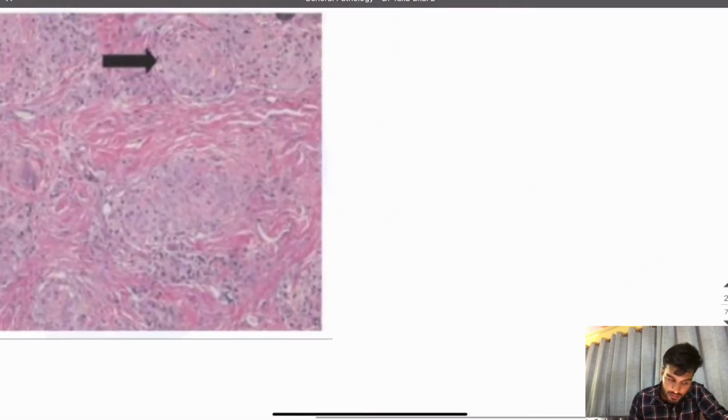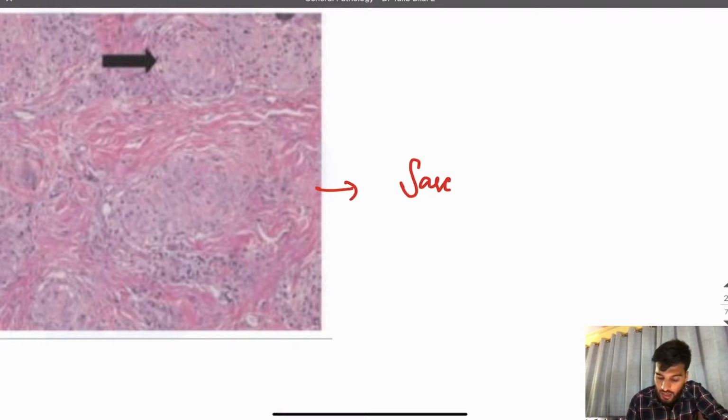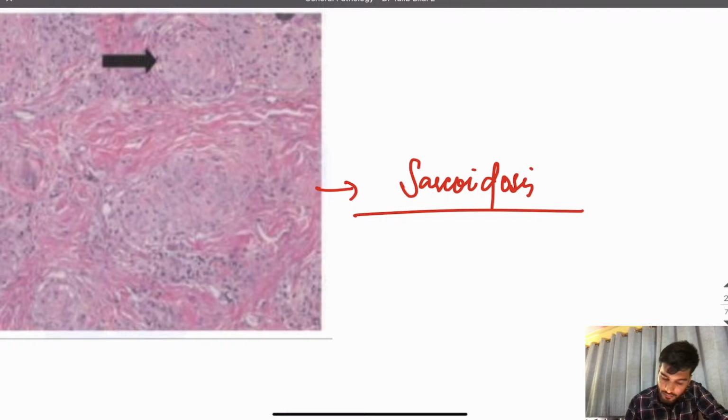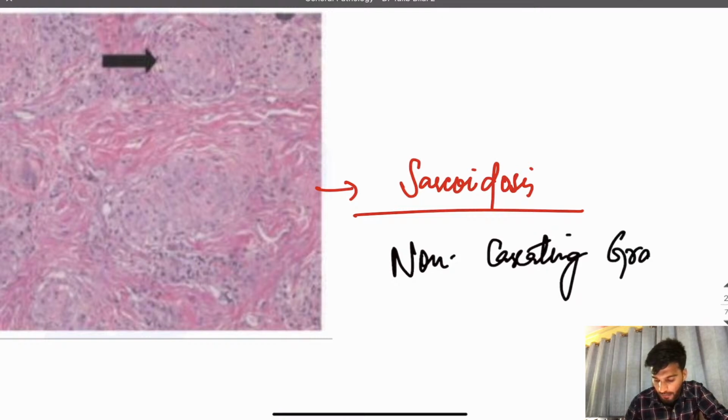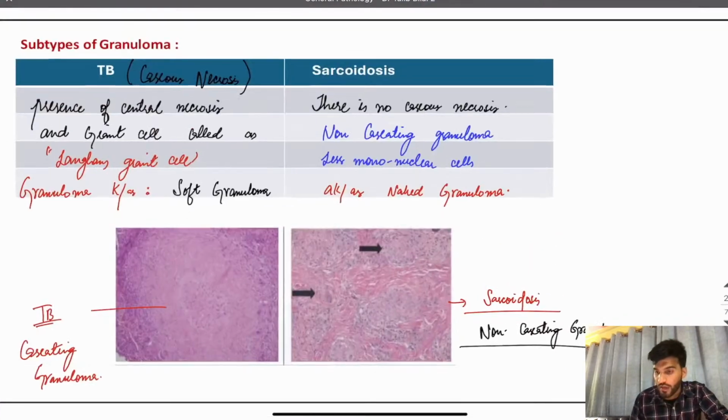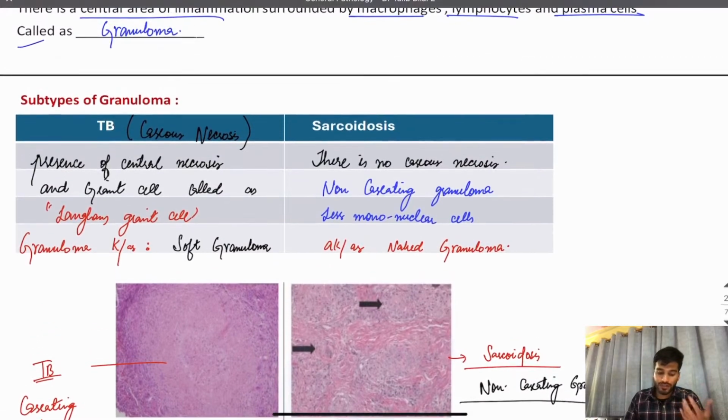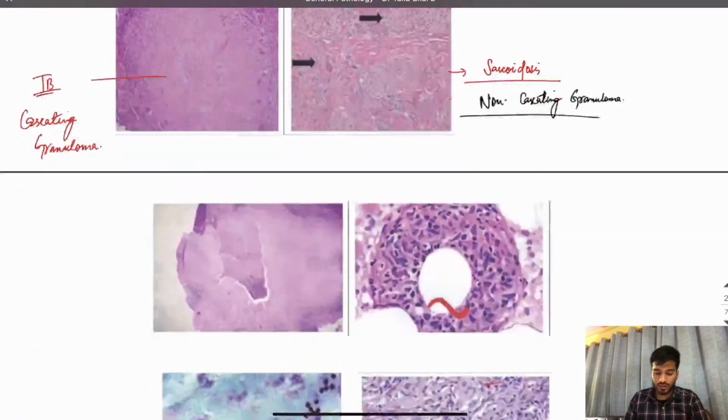And here, the less mononuclear cells with no caseous necrosis, seen in sarcoidosis, is called non-caseating granuloma. So caseating in TB, non-caseating in sarcoidosis. Central caseous necrosis in TB; in sarcoidosis, there is no caseous necrosis.